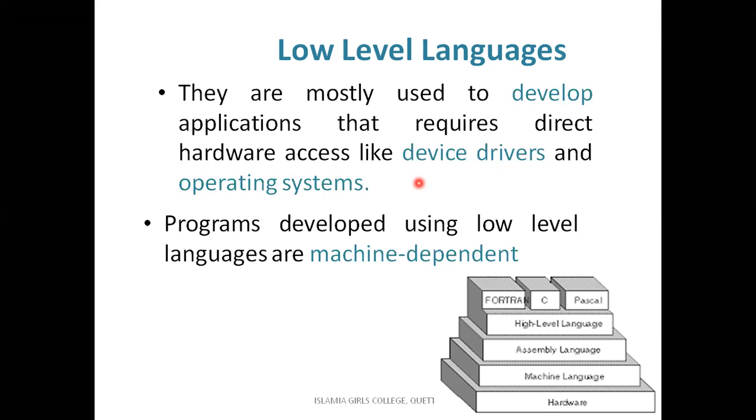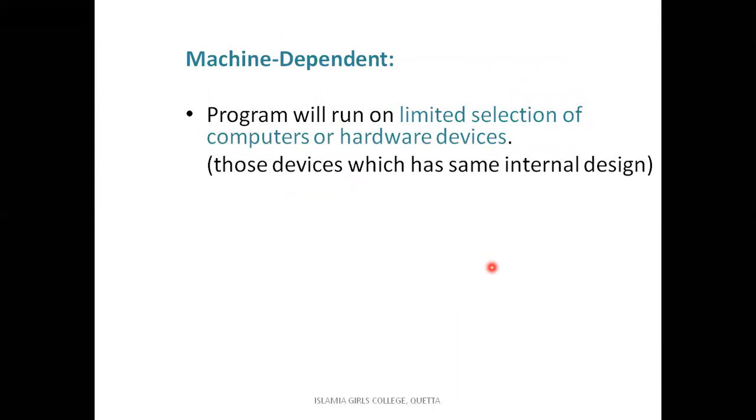Next point is that the programs which are developed using the low-level languages are machine dependent. Now I'll explain this term machine dependent to you. A machine dependent program is the one which will run on the limited selection of computers or hardware.